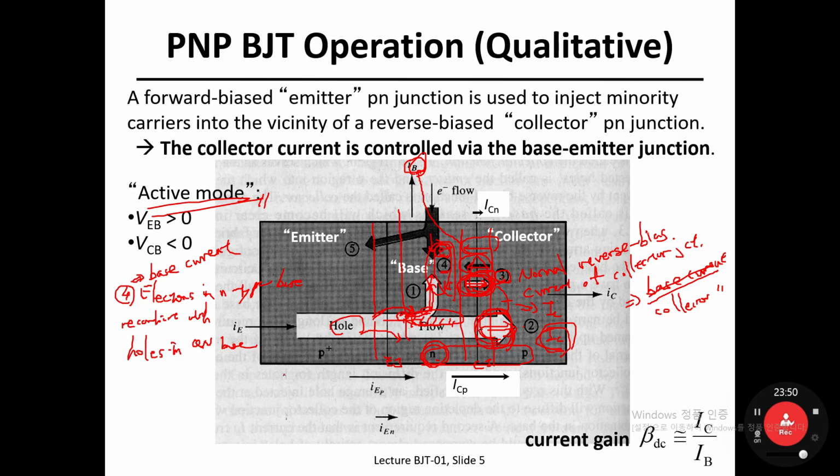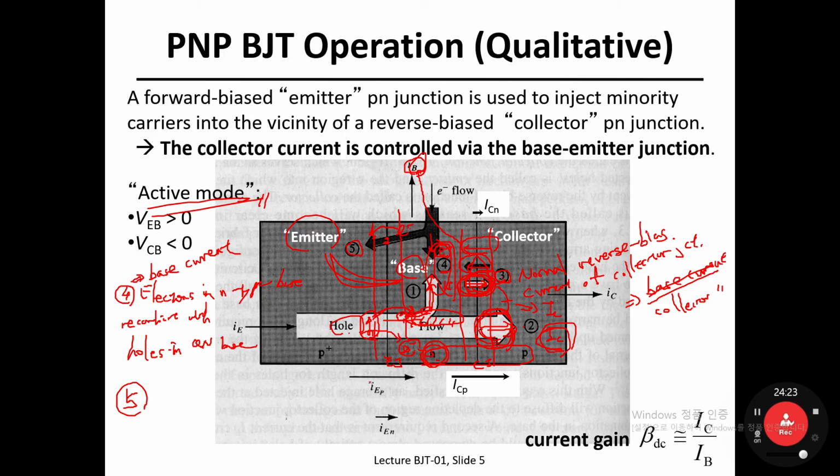Okay, and the last one is number 5. Number 5 means, think about this emitter and base junction. This PN junction is forward biased. That means electrons in this N side can be injected into the P side as well. However, how come the thickness of this arrow is very small, very thin, while the other arrow is very thick?